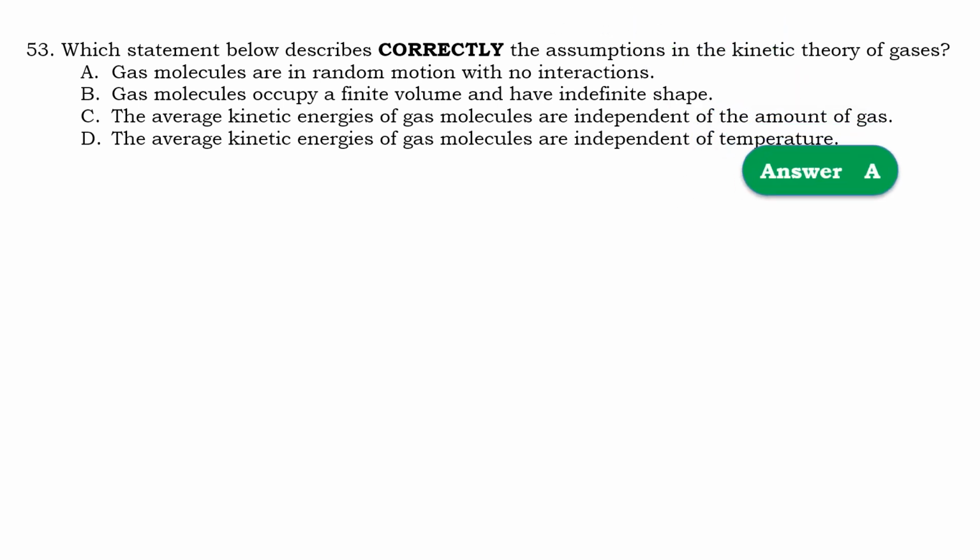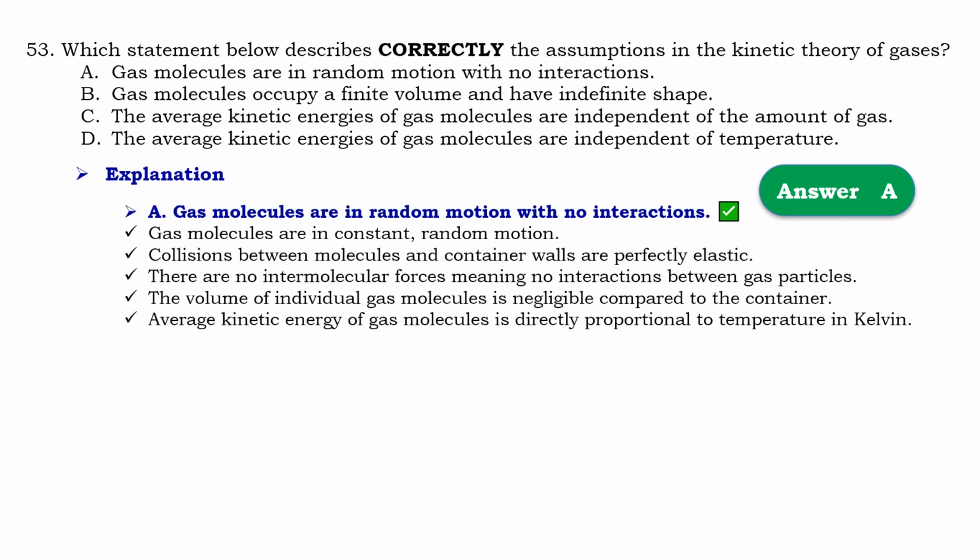So that should be A: gas molecules are in random motion with no interactions. That means gas molecules are in constant random motion, collisions between molecules and container walls are perfectly elastic, and there are no intermolecular forces, meaning no interactions between gas particles.